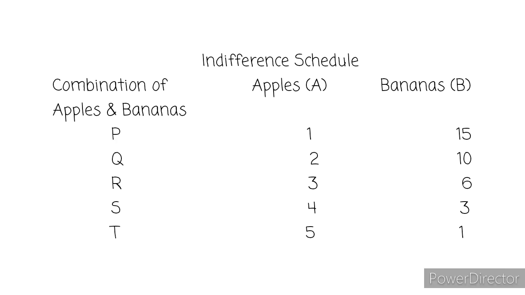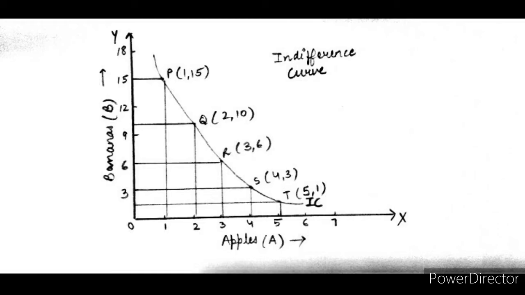Now we are going to represent this graphically. On the x-axis we'll take apples, on the y-axis we'll take bananas, and we'll plot these bundles on the graph. We'll point P, Q, R, S, T, and after joining these points, we get the indifference curve.